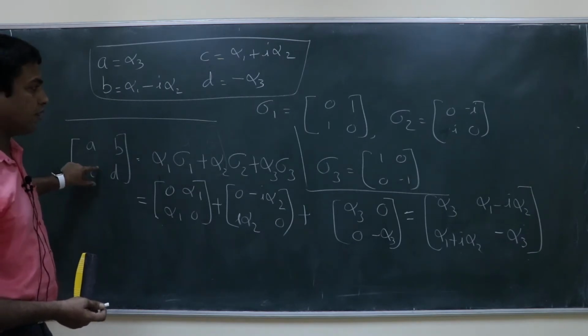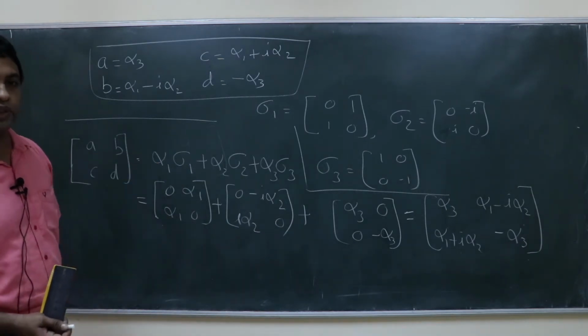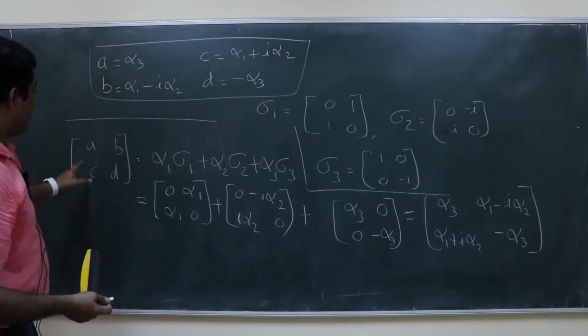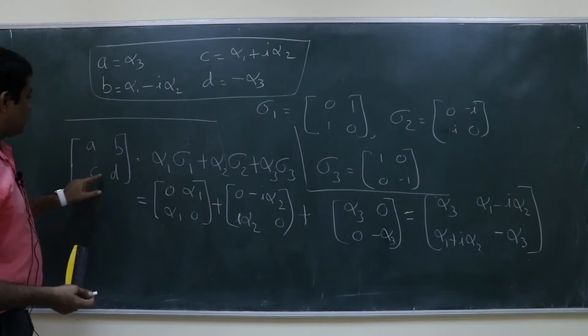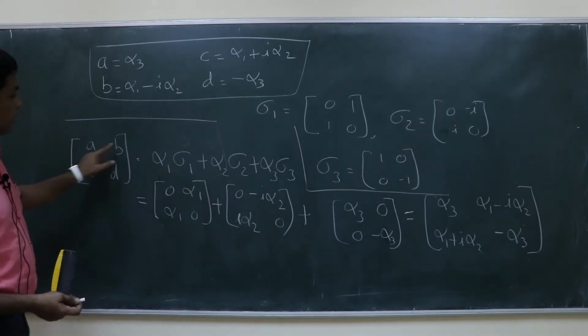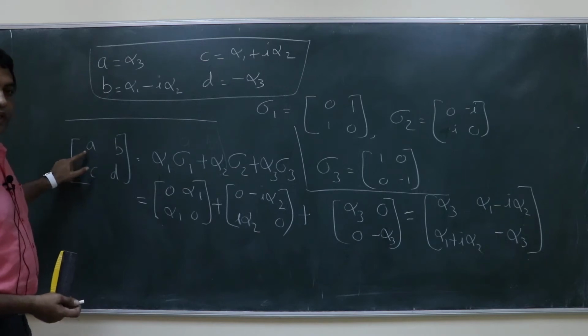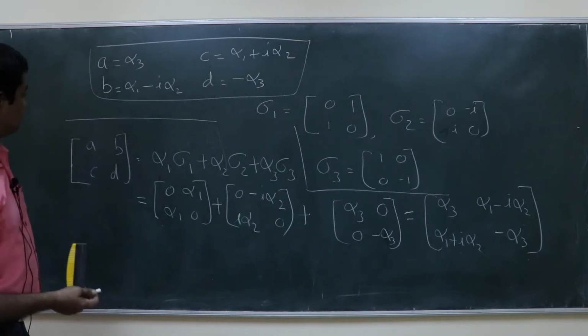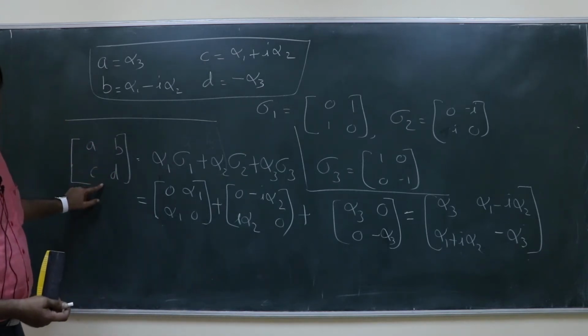You cannot write any general 2 by 2 matrix in terms of sigma 1, sigma 2 and sigma 3, okay. So, in general this 2 by 2 matrix, how many quantities are there? How many real quantities are there in a 2 by 2 matrix?